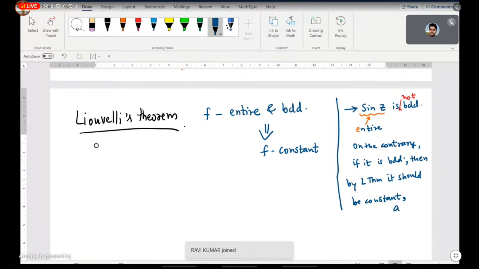You know that sin z is not constant. You change z, the value of sin z will change. Is this okay, class? Yes, sir. So a very simple and beautiful application of Liouville's theorem.